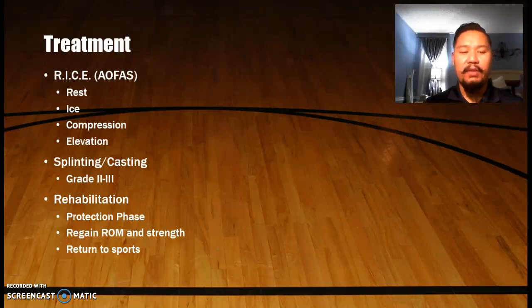And after that, you want to regain your range of motion and the flexibility. You'll probably have a lot of tightness in the calves because of the tendency to stay in plantar flexion.